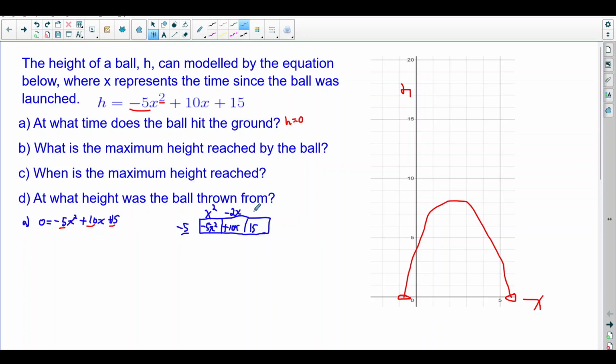And lastly, negative 5 times what value will give us positive 15? So just be careful here. Negative 5 times negative 3 will give you positive 15. So our equation then becomes 0 equals negative 5 times x squared minus 2x minus 3.